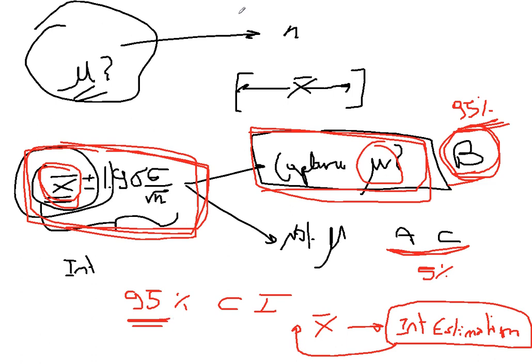Okay, so if I want to summarize all of this, I would say that if you have a point estimate that is X bar, you can improve on that X bar by adding and subtracting a certain value, and by turning it into an interval. The plus and the minus is going to be, first you take a Z value, and then you multiply by the standard error, meaning sigma over root n. That is called a confidence interval.